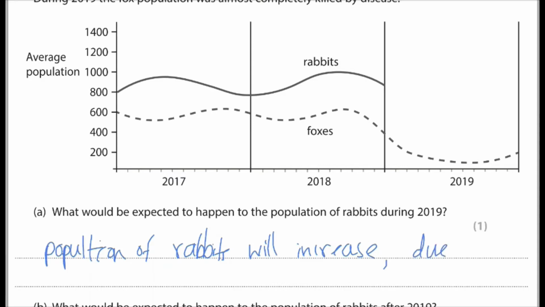Whenever we write this exact answer, if another reason is behind it, better. For this question you don't need to write that, but sometimes this can be a 2-mark question where they are referring to the reason also. So, I will write it because of that reason. Due to reduction of predators.